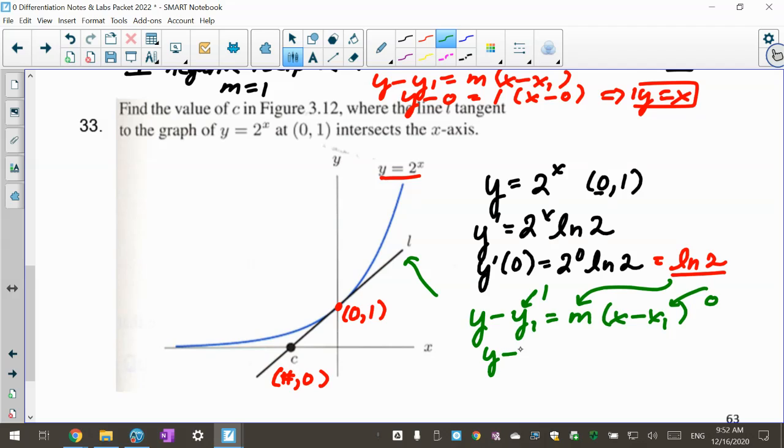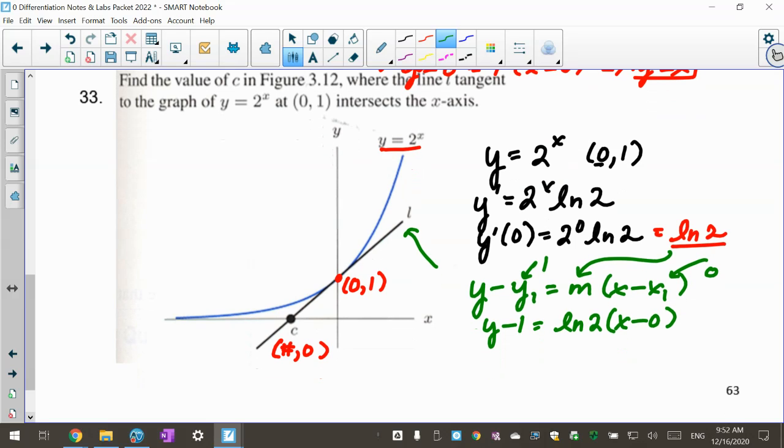So I have y minus 1 equals the natural log of 2, because that's what we found, times x minus 0. So I'm going to add 1 to both sides. I have y equals the natural log of 2 times x, plus 1. That's the equation of line L. I now know what that is.